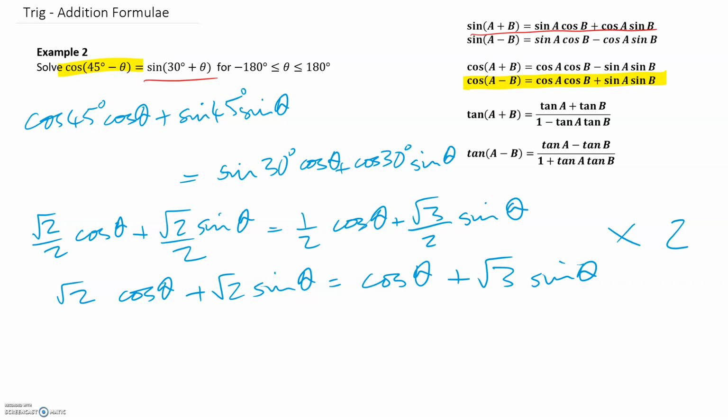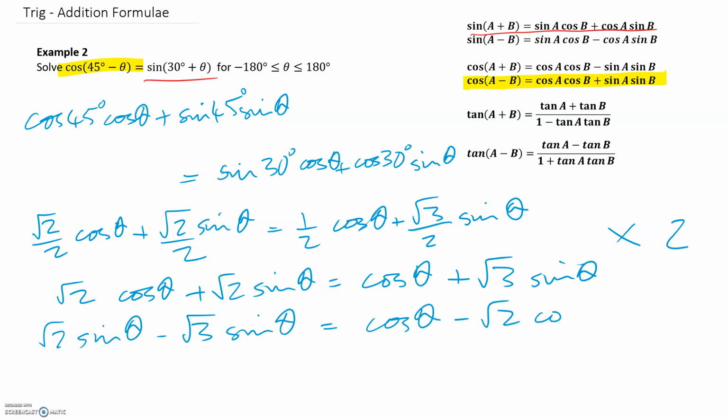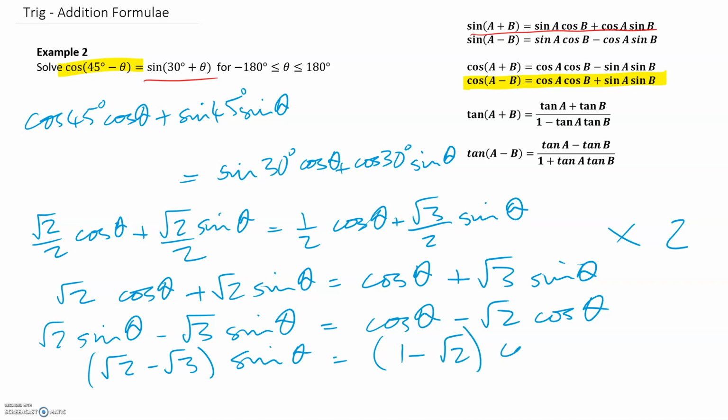We'll have root 2 sine theta minus root 3 sine theta equals cos theta minus root 2 cos theta. So then factorize, and we'll have root 2 minus root 3 sine theta equals 1 minus root 2 cos theta.